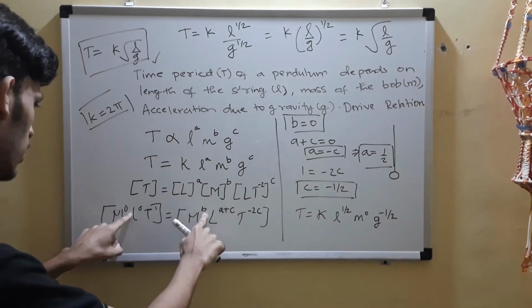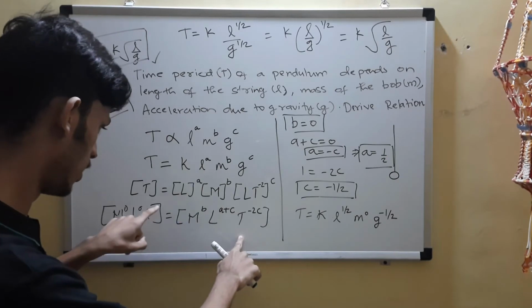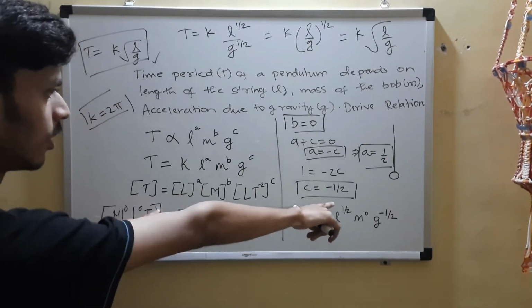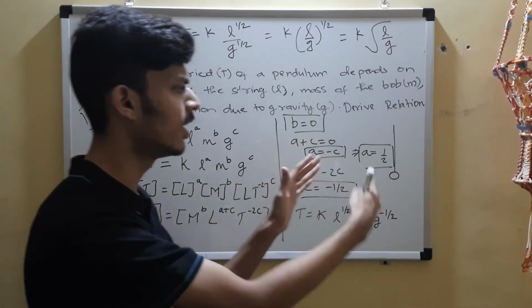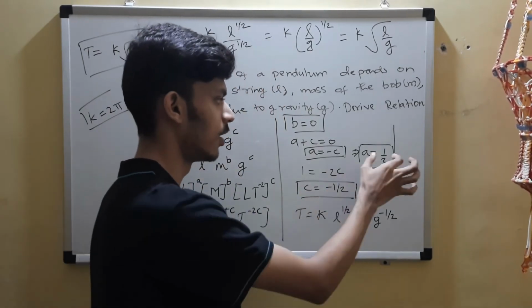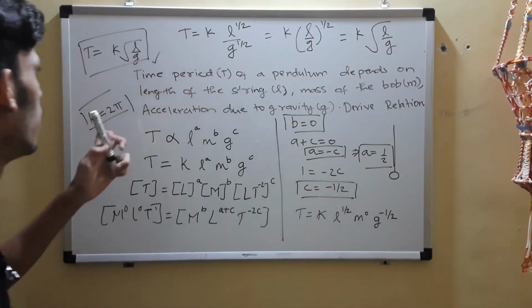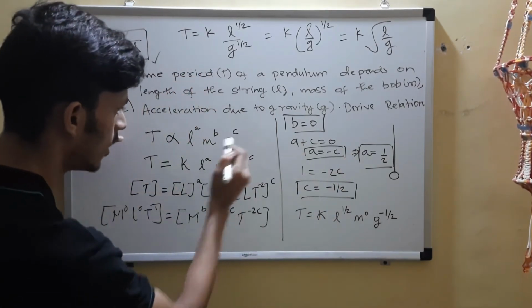We compared: b is 0, a plus c is 0, and T raised to 1 we compared with this, and we got the value of c. Then a is equal to minus c, so from c we got a, and we have all the values a, b, c. Then we resubstituted them over here.